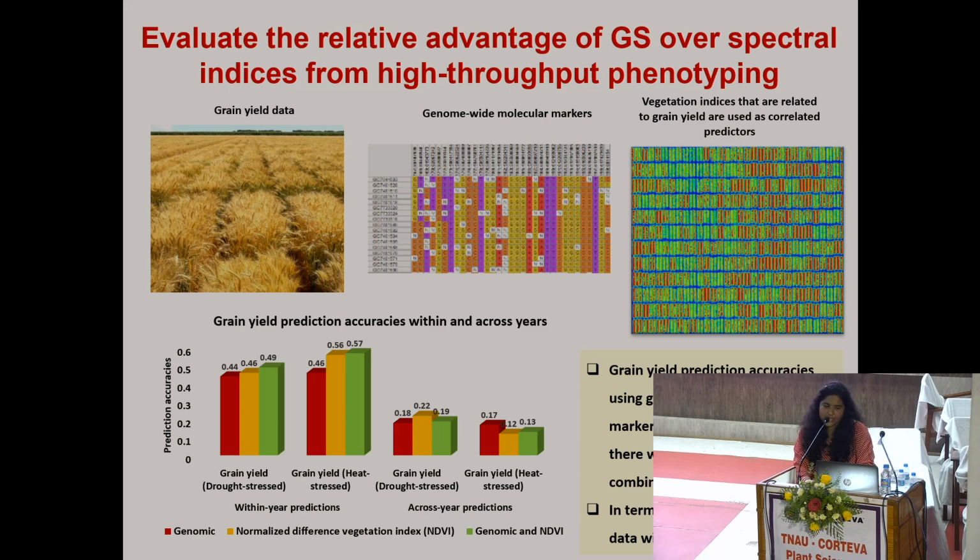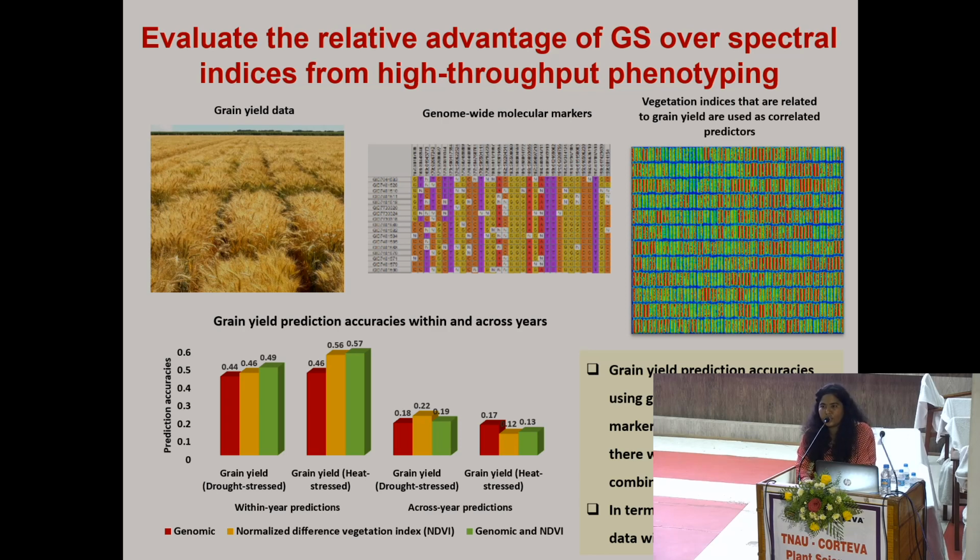And as you can see, genomic predictions are very similar to predictions using high-throughput phenotyping. So if you were to spend $10 per sample versus just flying a drone and paying whatever you have to pay for the person who flies a drone, you will still find high-throughput phenotyping a very feasible and viable option compared to using genomics, because they have similar accuracies.